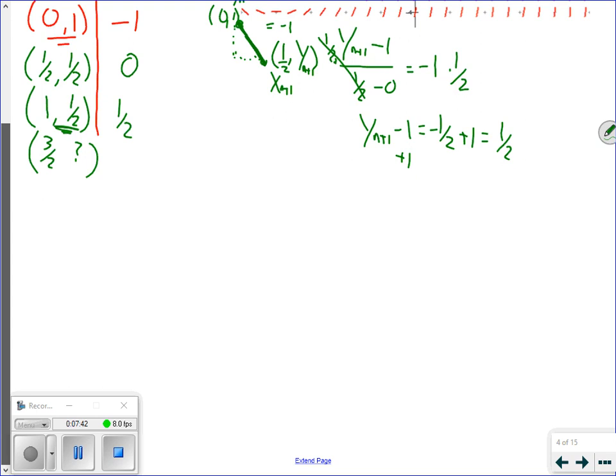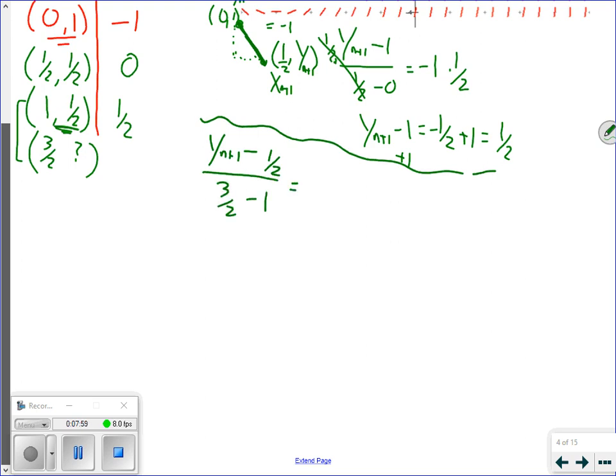So I'm going to use these 2 points with a slope of 1/2 to figure out that next point. I know that my y sub n plus 1, my next point, minus my previous y value, 1/2, so that's y minus y over x minus x equals 1/2. And I don't think that's too terrible.